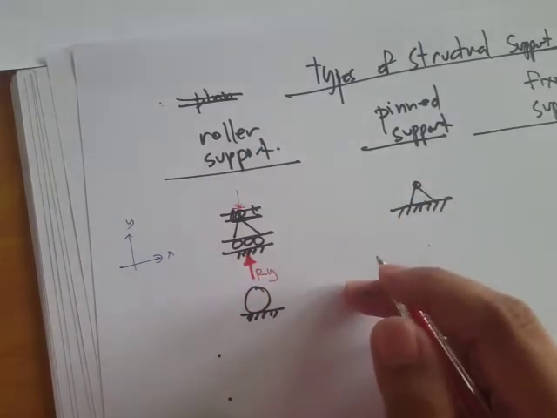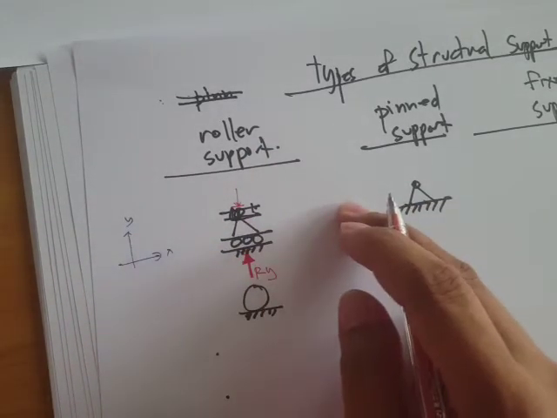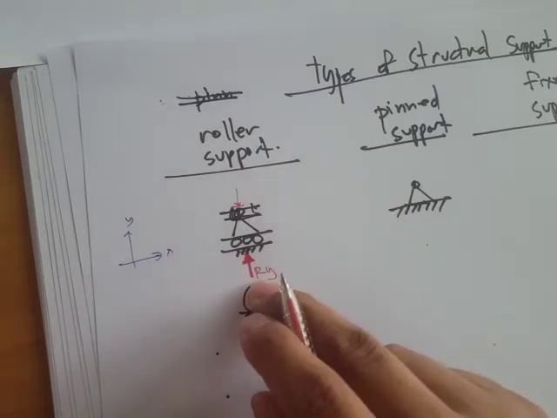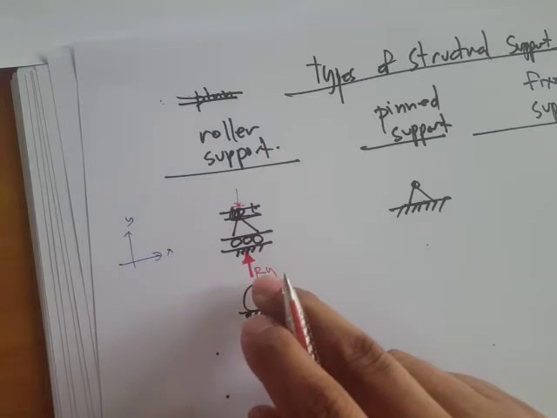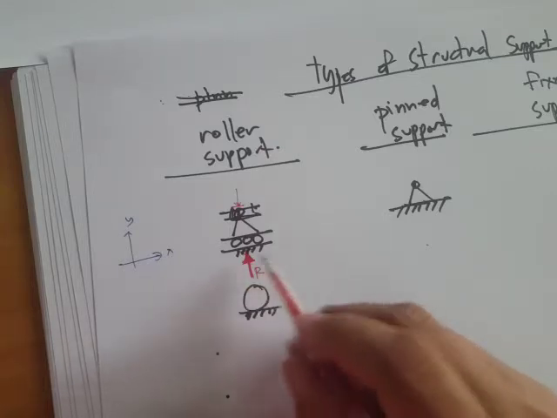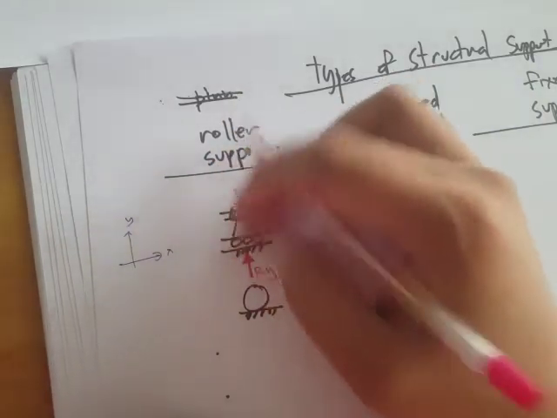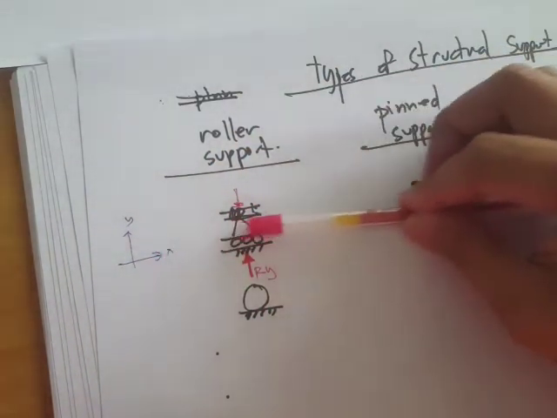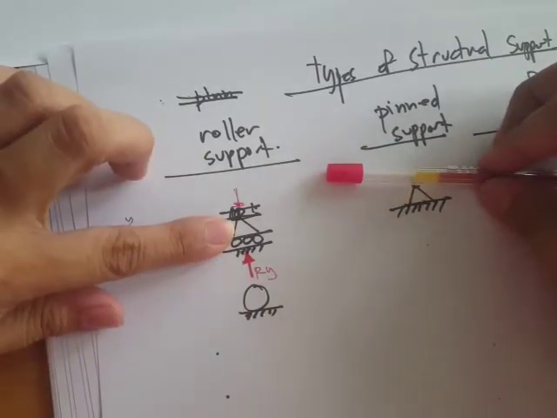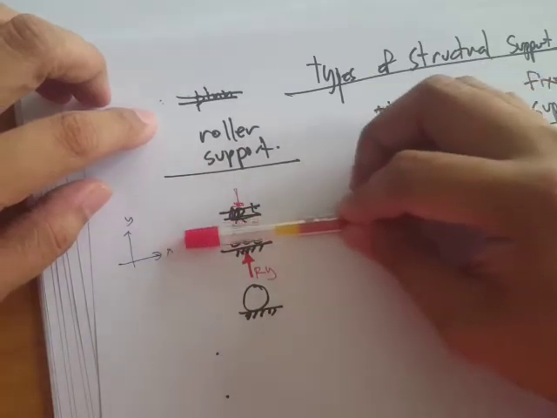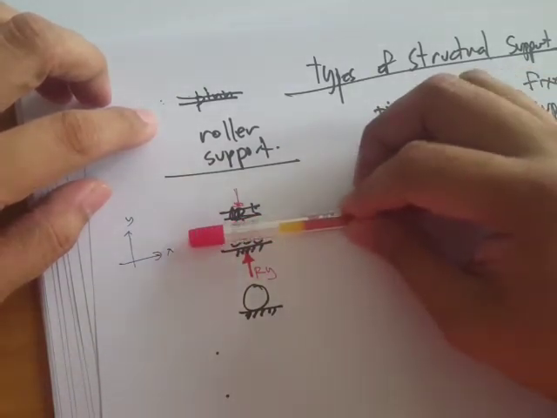But it has no reaction along the x. So if there's a reaction, you can also think that it is preventing the movement. If there is a reaction along y, then it prevents movement along the y-axis. If there is no reaction along the x-axis, then it is free to move along the x-axis.